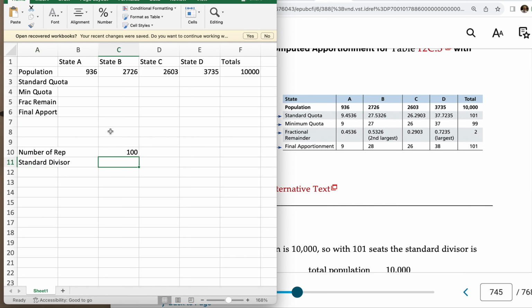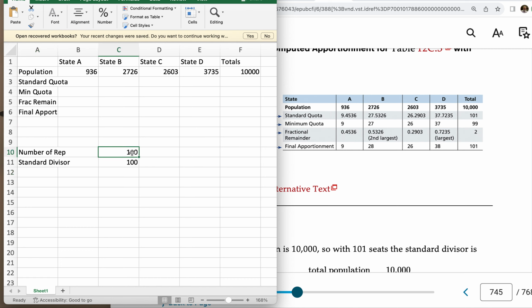And it's the total population. So I'm doing a formula now, so I've got to remember to start with equals this box divided by that box, or cell as they call it in spreadsheets. So 10,000 divided by 100 representatives means there are 100 people represented by each representative.